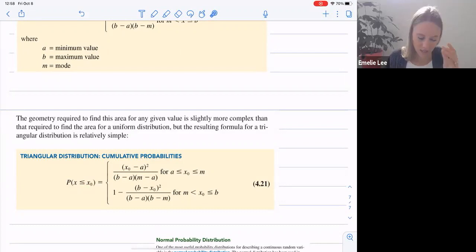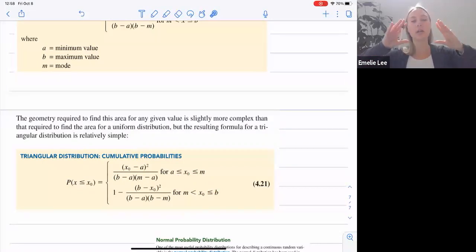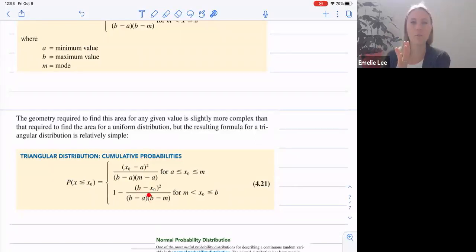And of course, if that end point is between A and M, then we would have a different formula than if x naught is between M and B, right? Because then we would know that the total area under the triangle is 1, and then we would have to lob off the upper triangle, right?